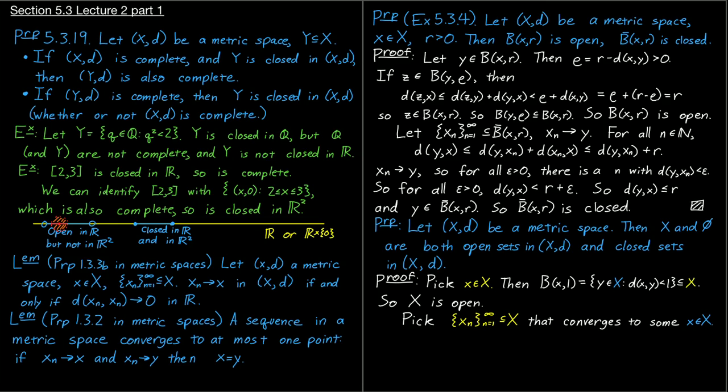This is a little confusing. We're thinking of X both as a subset and as the entire metric space. But then our target point is obviously going to be in the thing we're trying to claim is closed. So X is closed.